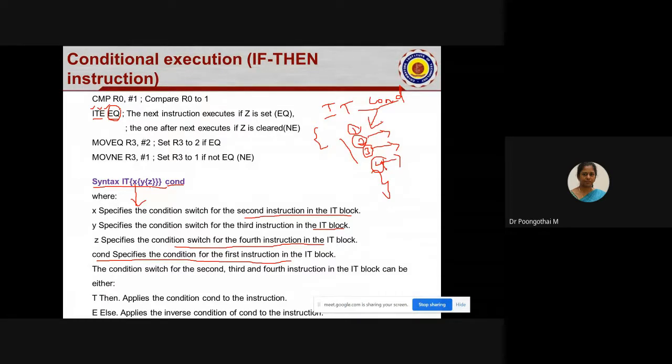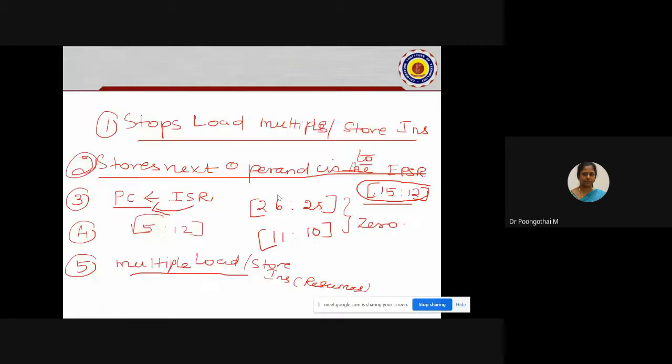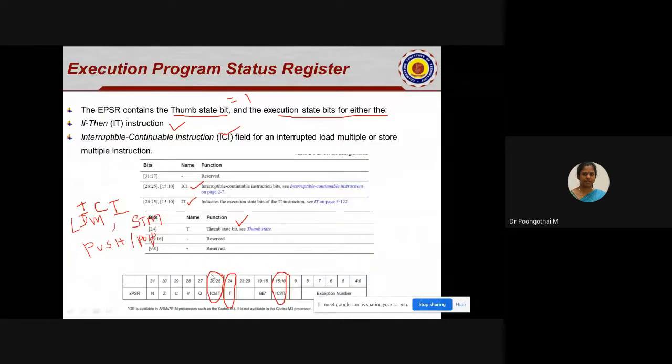This is the format you have to follow. This particular register holds the status of the IT execution state. If this IT block is executed, its execution state will be held by bits 10 to 15 and 25 to 26.